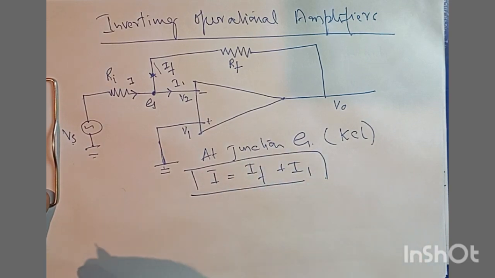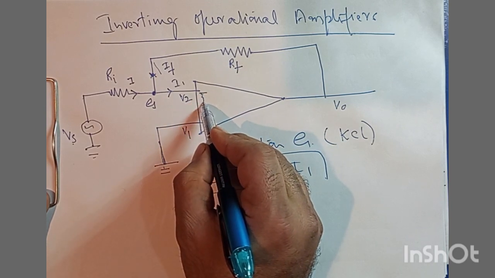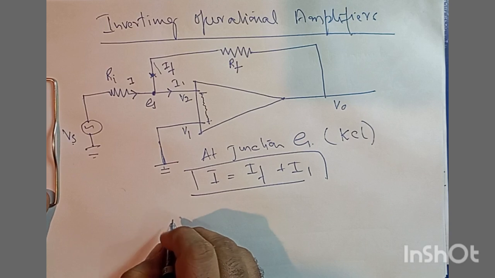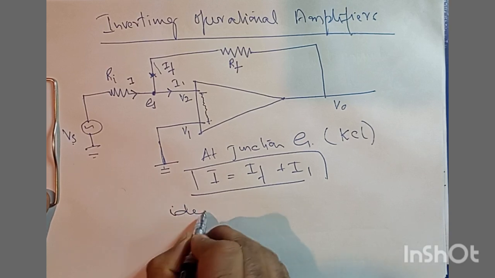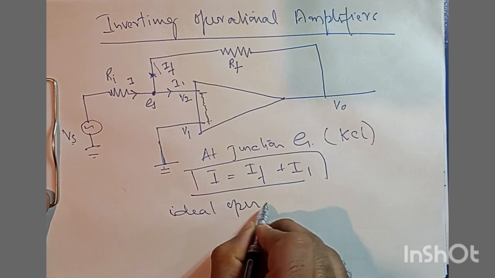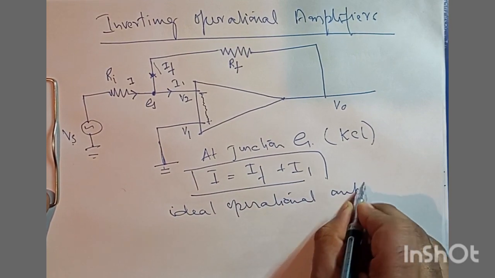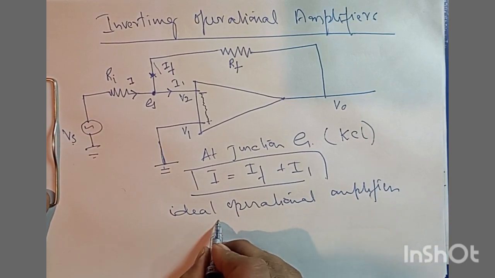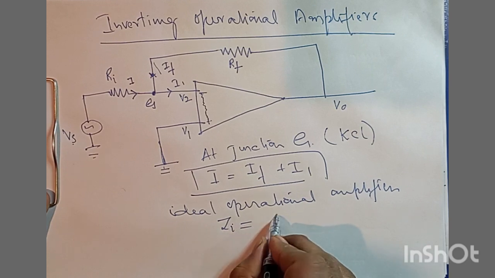Again, the concept is quite clear here: the input resistance of this operational amplifier is infinite, if we think of an ideal operational amplifier. So in this case, the input impedance, say for example Zi, is infinite.